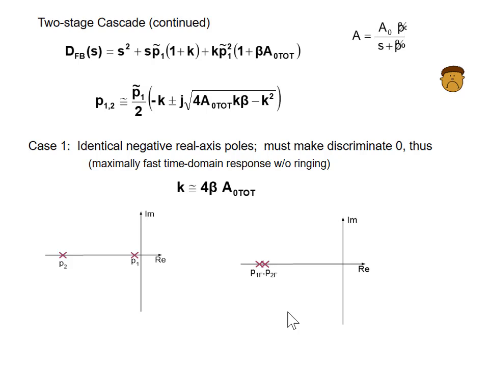And we can solve that equation and we can see that K has to be 4 beta A0. The pole spread has to be 4 beta A. So if we have, again, 10,000, we need to have 40,000.